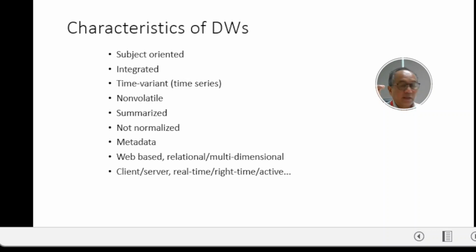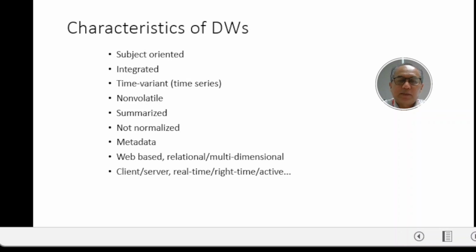And then, data in the warehouse, we are able to summarize this data. Data are not normalized. When we learn relational database management systems, we break up the data so that it can be normalized, and we want to avoid many-to-many relationships. But in a data warehouse, we put in all the data, and data are not normalized.